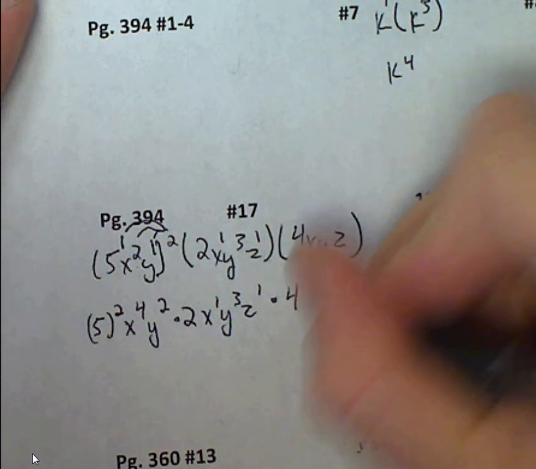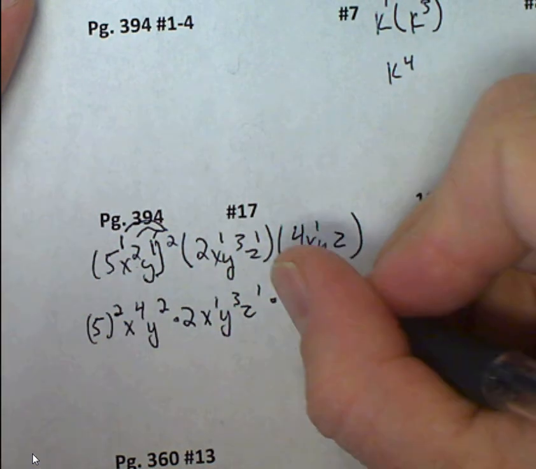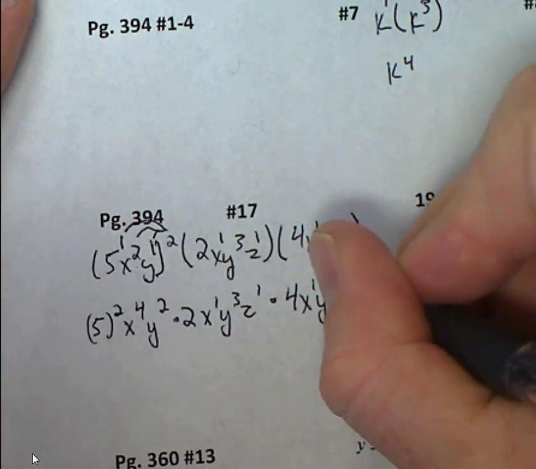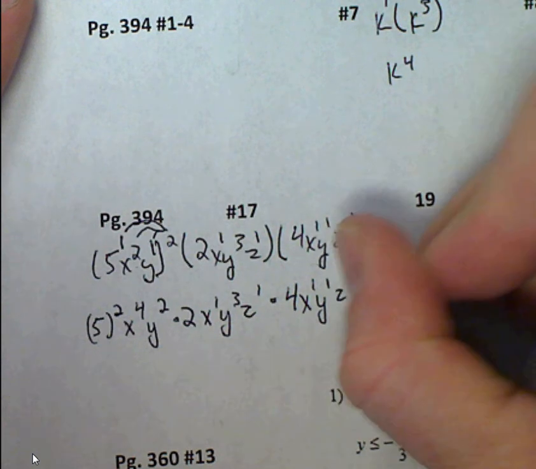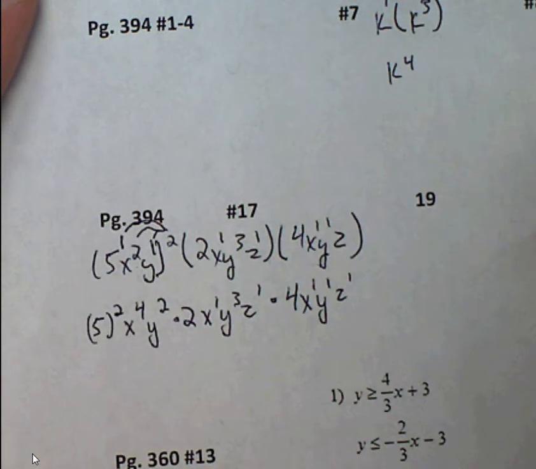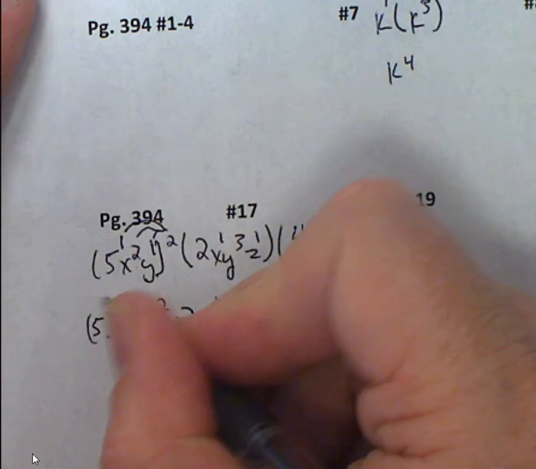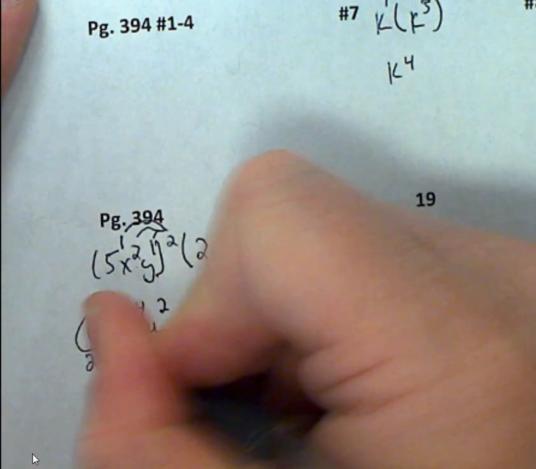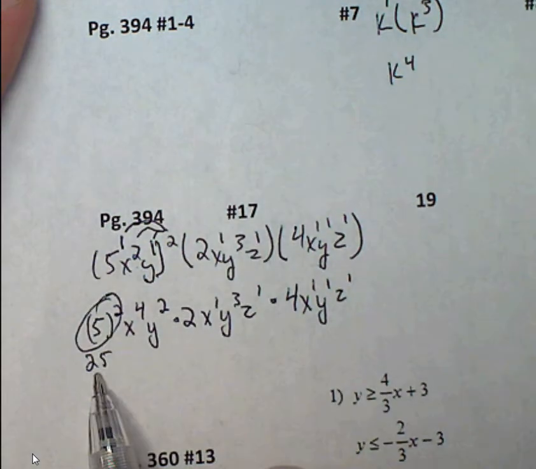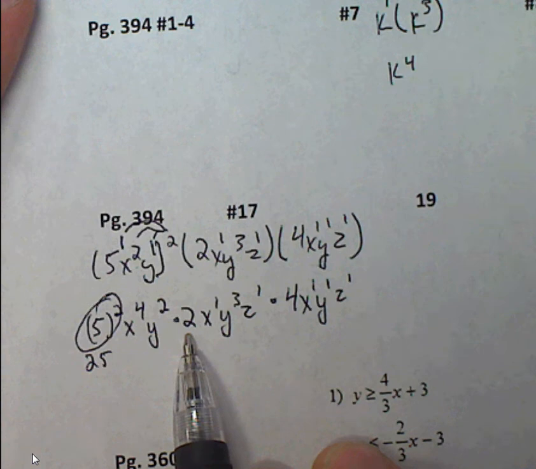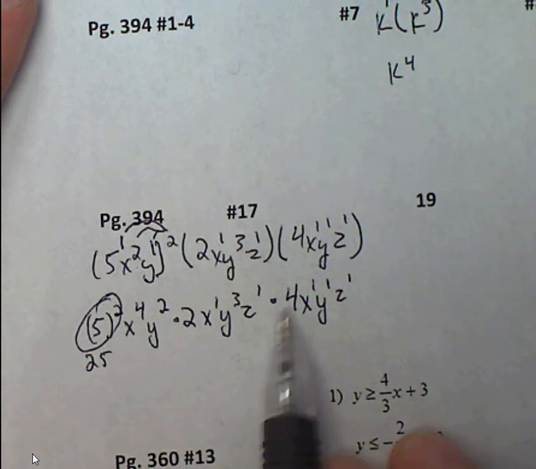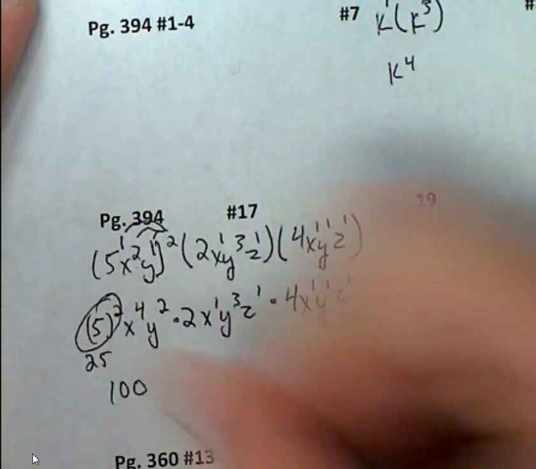Bring down my 4, that's x1, y1, z1. Okay? 5 squared turns into 25. So my front numbers are 25 times 2 is 50 times 4 is 100.